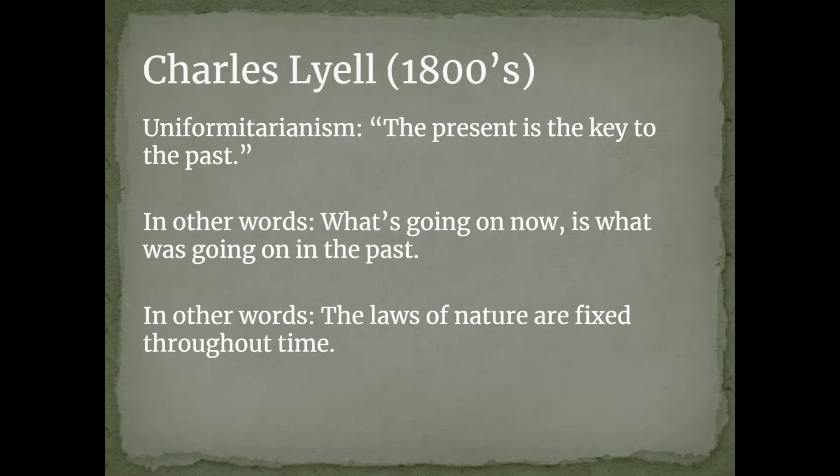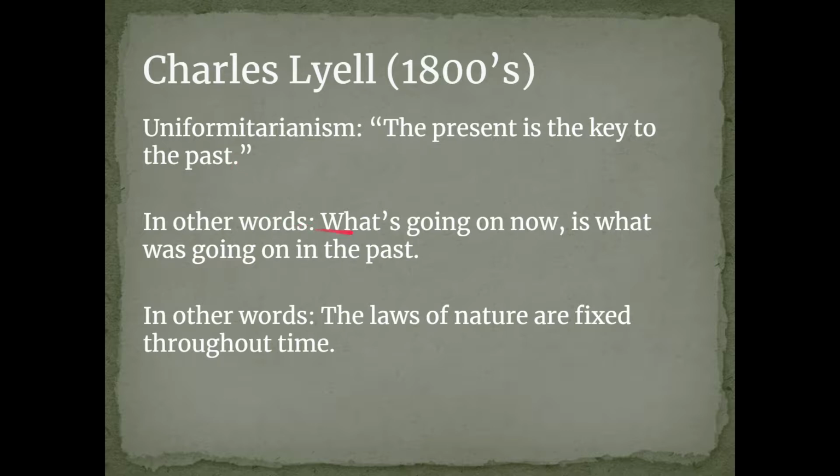So he came up with that idea, sort of realized, wait a minute, rocks form out of the processes we see today around us. So Charles Lyell kind of ran with that and came up with this idea called Uniformitarianism. Uniformitarianism basically states the present is the key to the past.